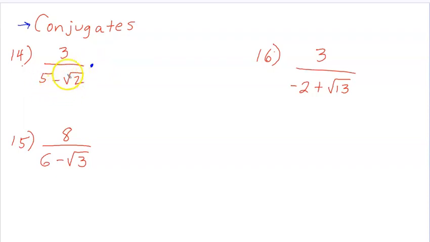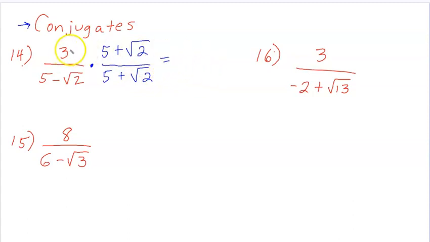So 5 minus the square root of 2, to get the conjugate, I multiply by 5 plus the square root of 2. The conjugate is just looking at whatever sign is in between. It started off in the red, it was minus. So to get the conjugate, I use the plus. You just do the opposite sign of what's between the integer and the radical. And we're going to multiply by that on the top and the bottom.